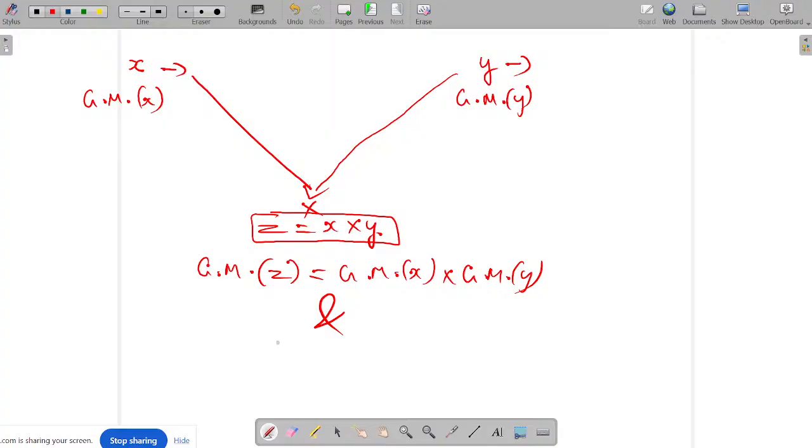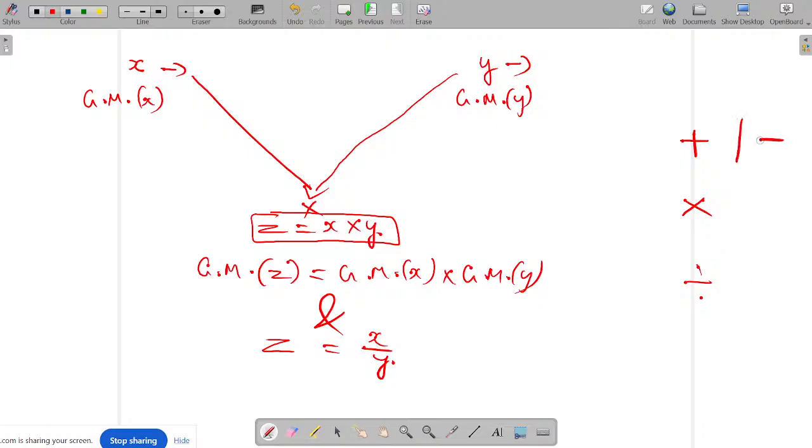Likewise, if I write z is equal to x by y, which is in ratio form, we will not call this division. For multiplication, we call it product. Division is an operation name, and this is a symbol for division, but we mention it as ratio. The symbol for multiplication, we mention as product. The symbol for addition, we mention as sum.